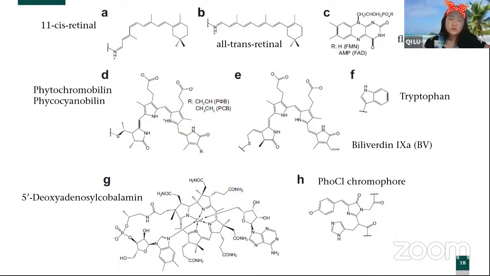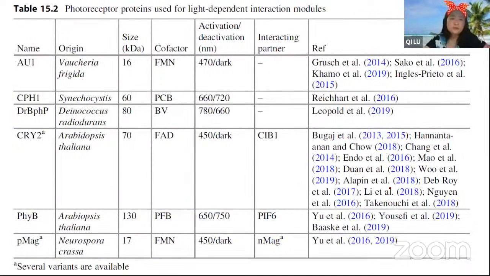So here it shows many chromophores that are used by those optogenetic tools, such as phycocyanobilins, BphP, LOV domains, and the PhoCl chromophores. Here are some candidates selected by these authors as light-dependent interaction modules.